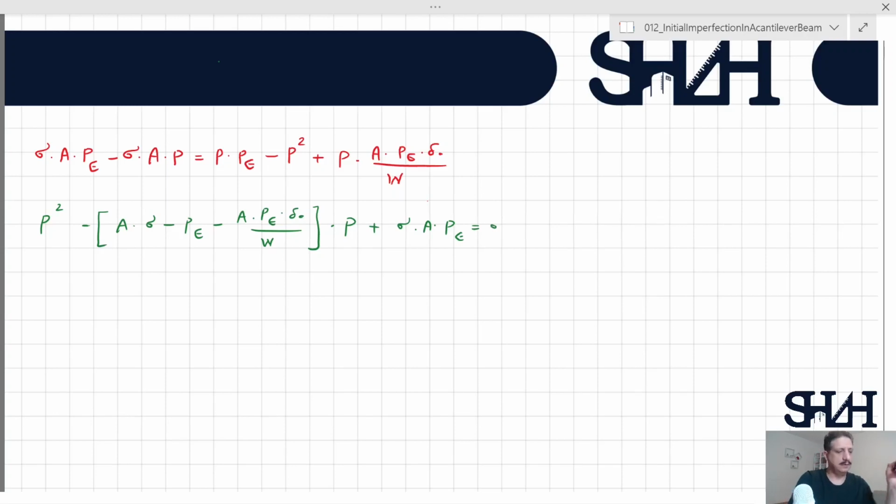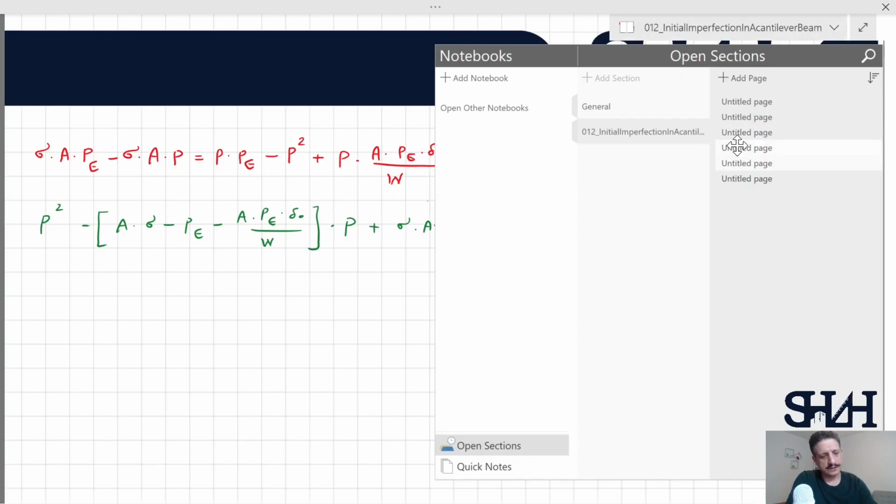So this is a polynomial of second degree, and we can substitute the values from the cross section and find out the loads.